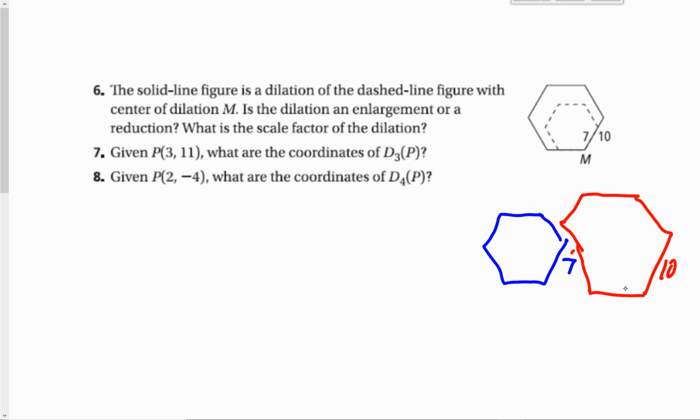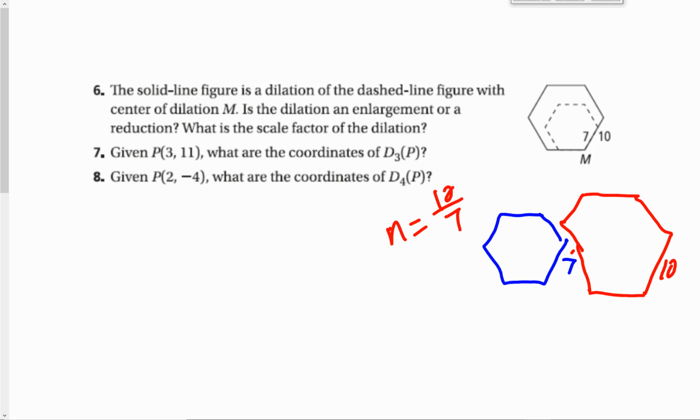So is this a reduction? When I'm going from blue to red, is that a reduction or an enlargement? And then what is the scale factor? Remember, we can always take the scale factor n as the new divided by the old. Okay? So it's the new divided by the old.